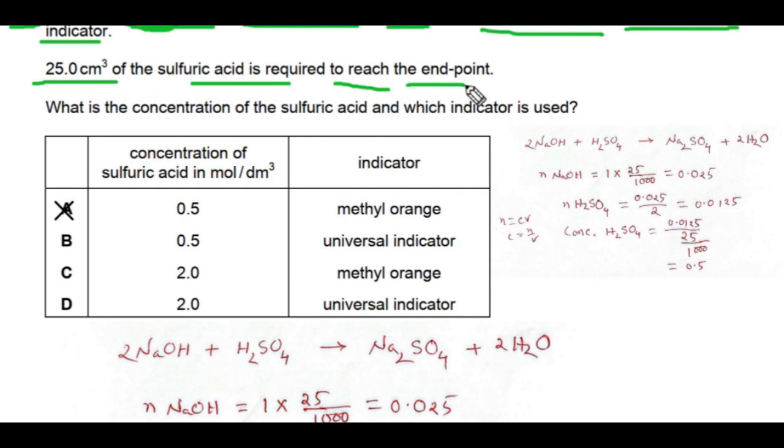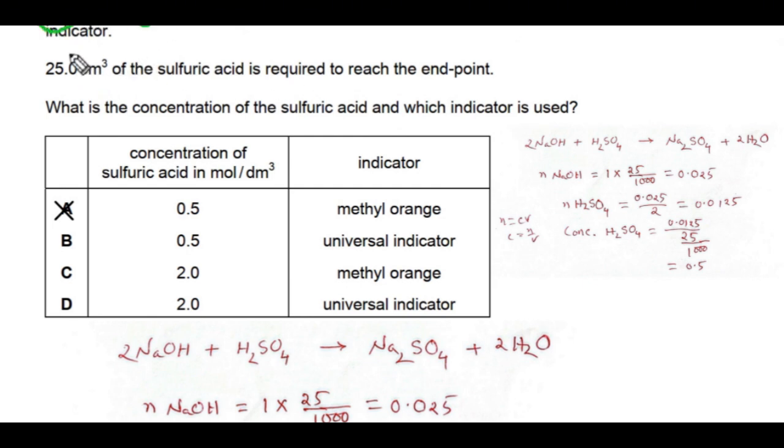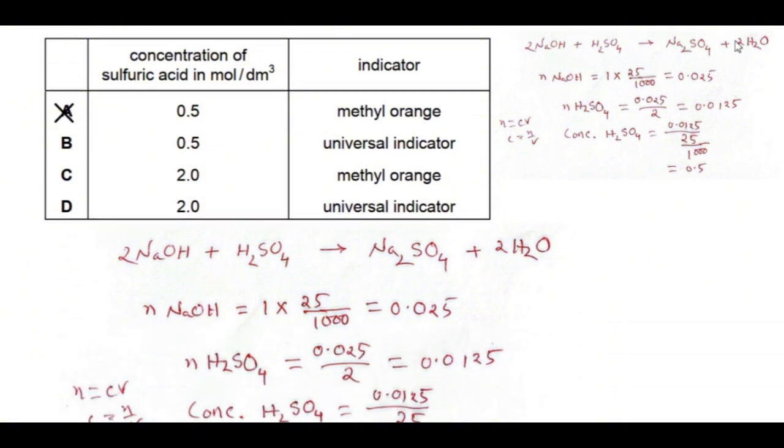End point means neutralization point. So what is the concentration of sulfuric acid and which indicator is used? Sodium hydroxide concentration and volume are given, and the sulfuric acid volume is given. You are asked to find the concentration of sulfuric acid and which indicator is used. If you calculate, you will get the answer.